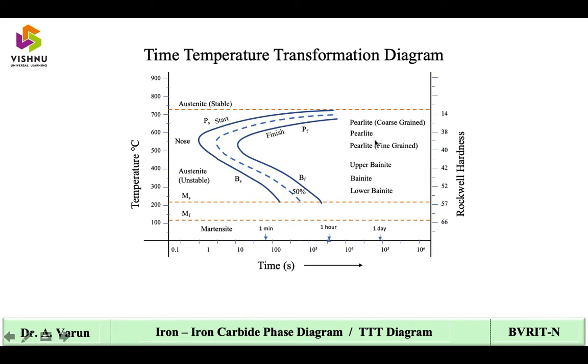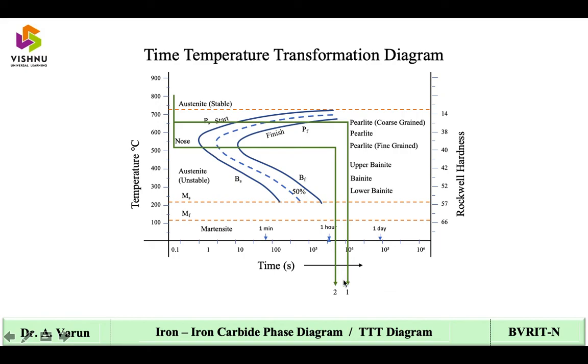Then the hardness values keep increasing, and finally the hardest microstructure will be martensite. If I take this austenite and draw till this point, where I will be able to transform to pearlite, this is basically when you cool very slowly, which is what the equilibrium diagram also talks about.